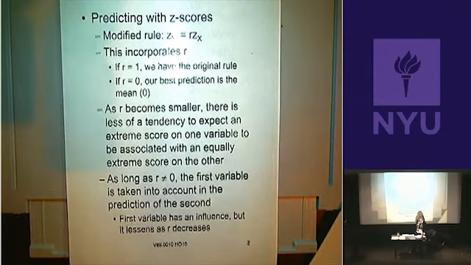Why is it y prime and not just y? Because y is your score. Y prime is your predicted score. Remember, that's what we're trying to do. We're trying to predict y from x. You could try to predict x from y, in which case you just have to switch everything around. But all the examples we're going to be doing is predicting y from x. So y prime is your predicted y.